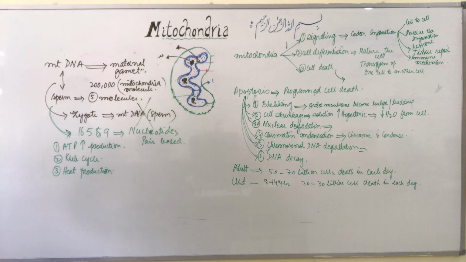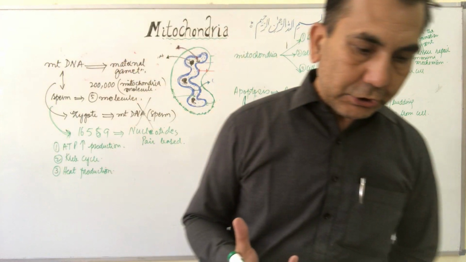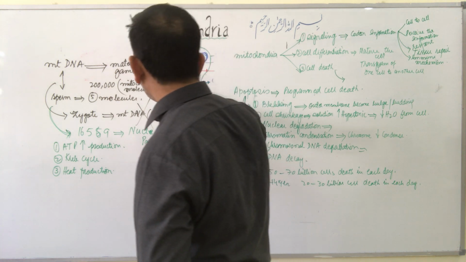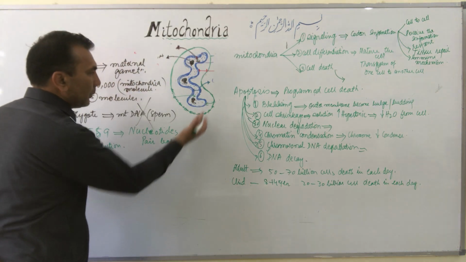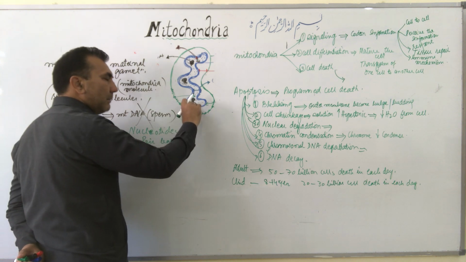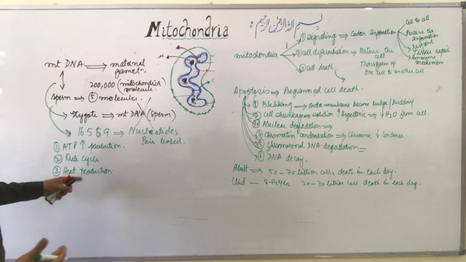How does it produce the heat? When the protons are not used in the formation of the ATPs, those protons re-enter the mitochondria, and this proton movement produces the heat.